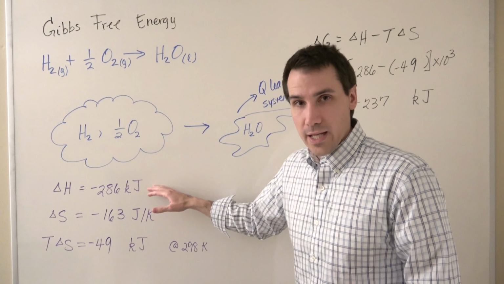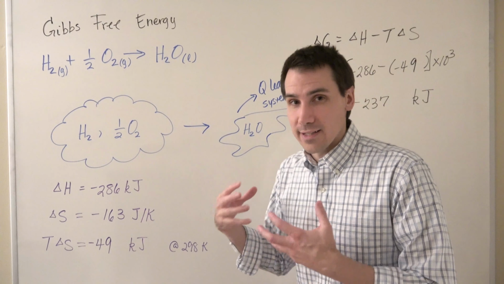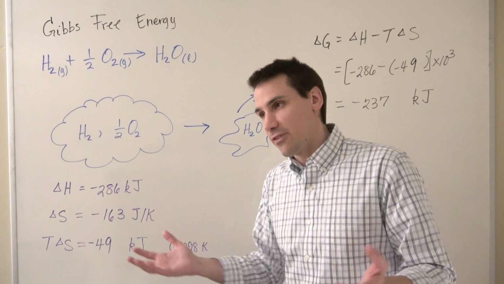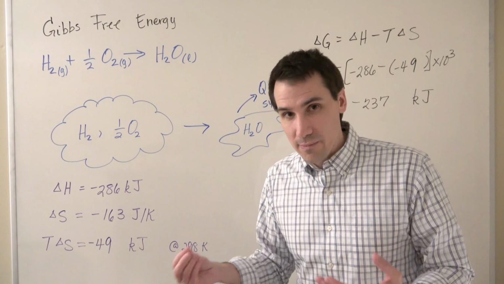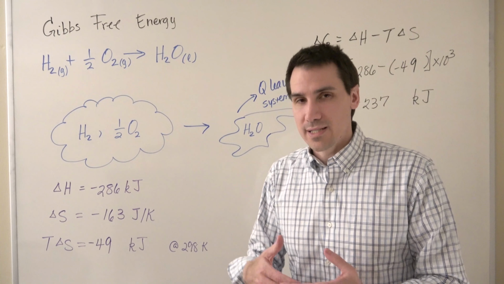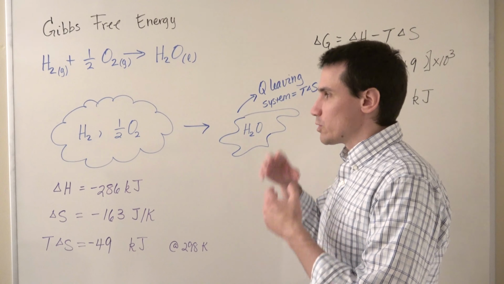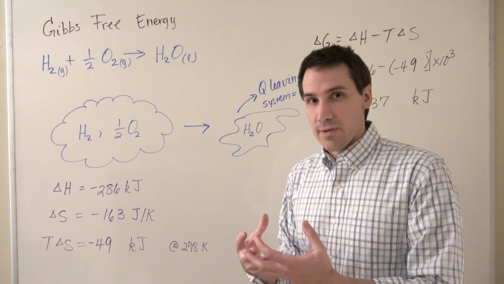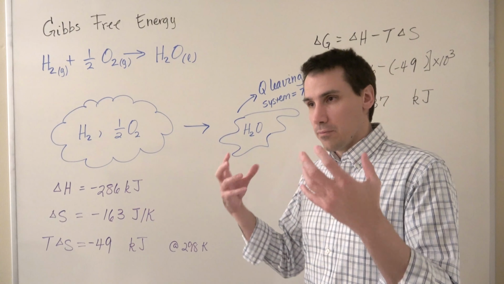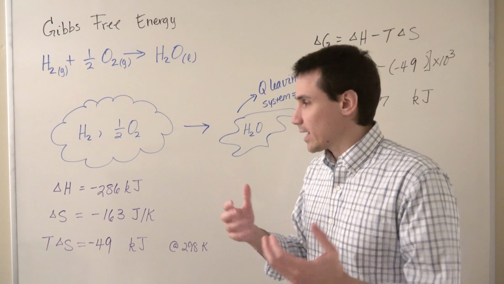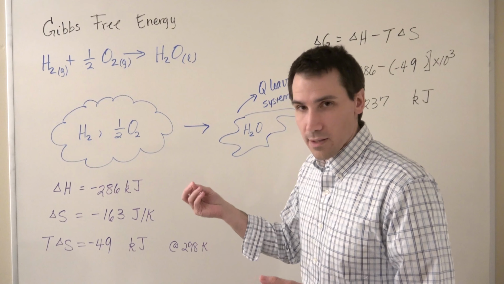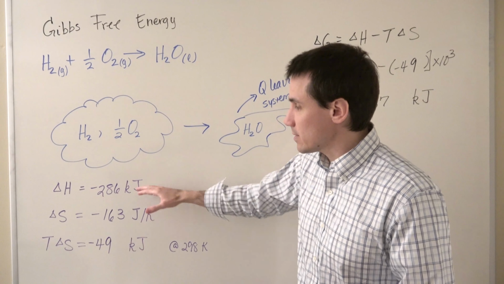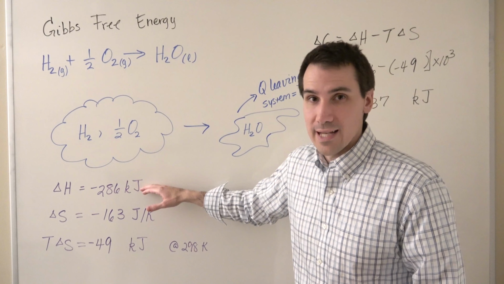This is why my delta H is negative, because I cannot let the system heat up. That is my definition of how I am measuring my enthalpy, is that my temperature is the same before and after, which means that all of this energy that the system has created by forming these bonds and releasing energy and the atmosphere collapsing must be released. That's why my delta H is negative.